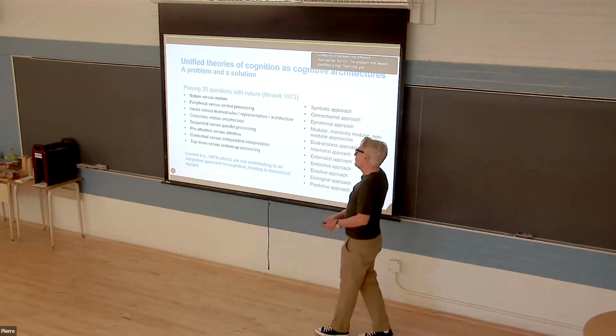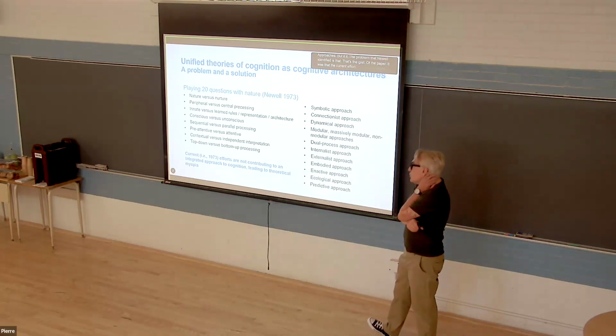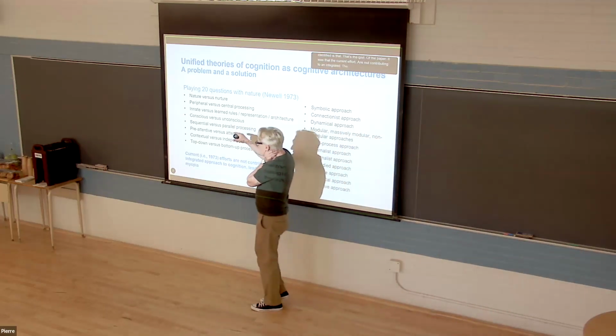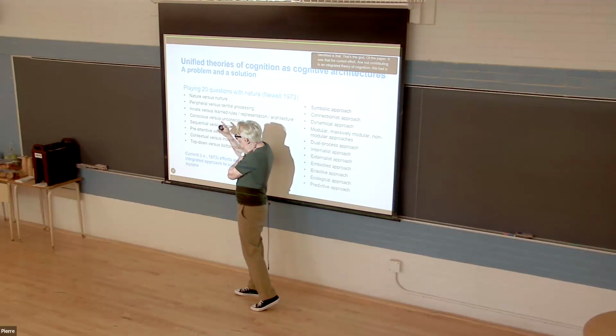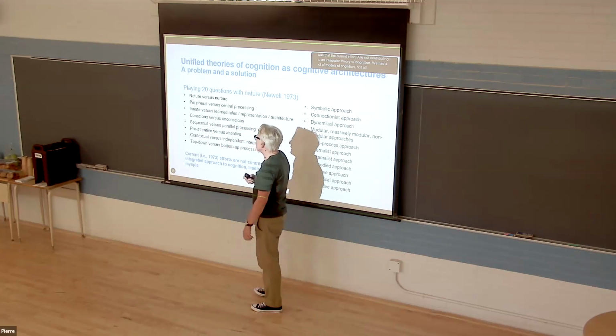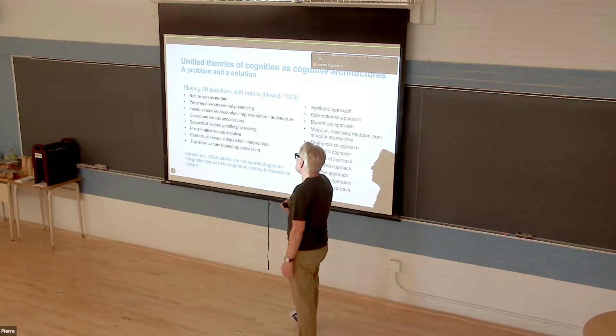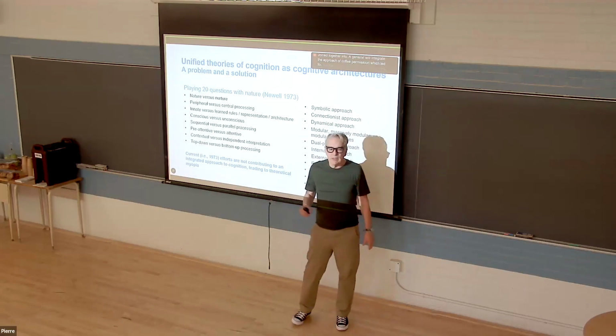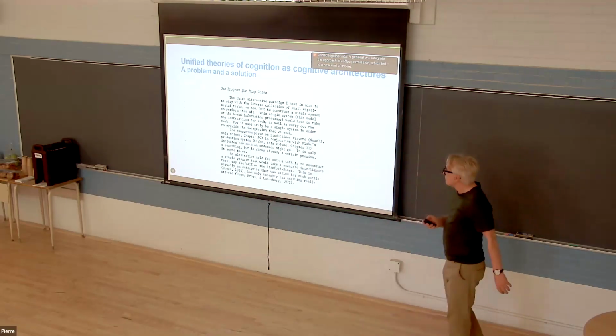current efforts are not contributing to an integrated theory of cognition. We had a lot of models of cognition. Not all of them could be joined together into a general integrated approach to cognition, which led to a kind of theoretical myopia.